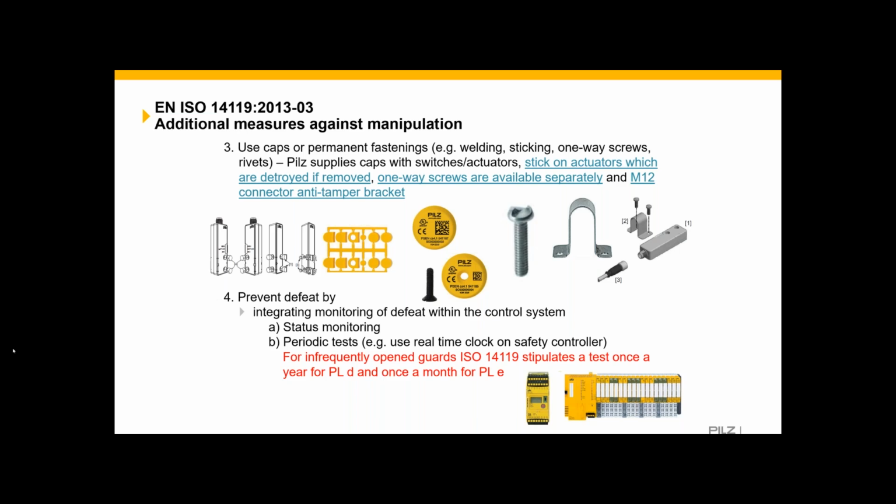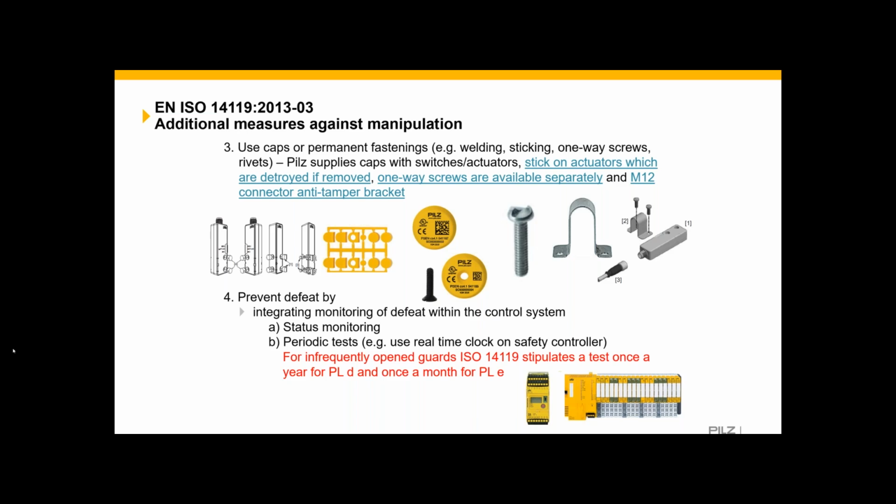What we mean by that is the control system expects the opening of a door in a defined machine cycle, and the absence of the control signal indicates defeat. An example may be that an actuator has been removed from the door and left in the interlock, and the door can be opened, but the interlock is bypassed.